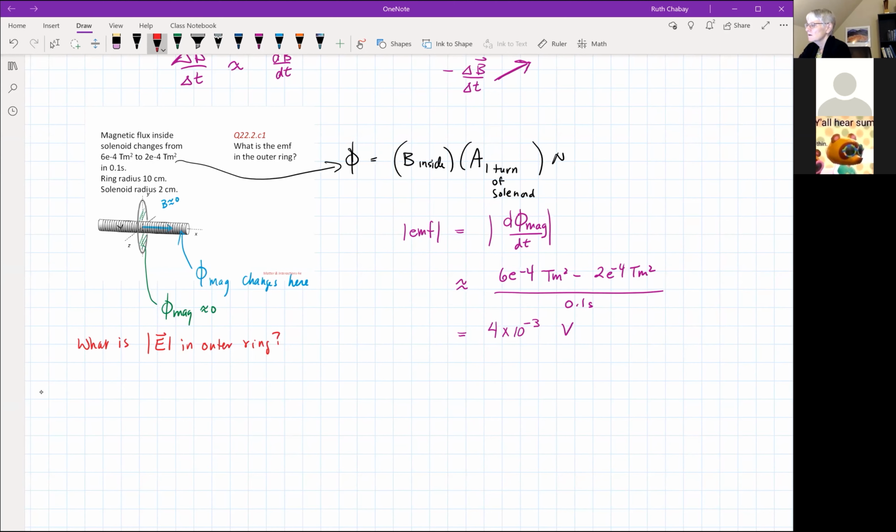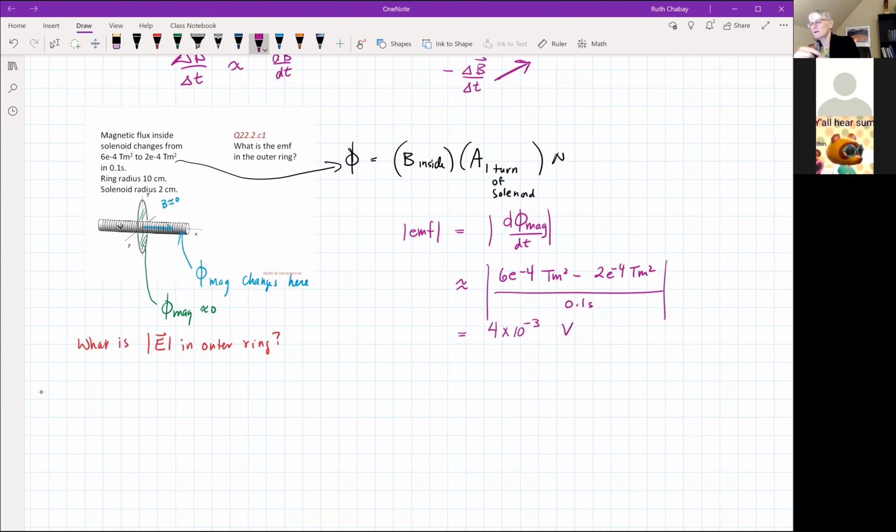Yes, this difference is indeed negative, but notice that we said we were going to take the absolute values up here. So let's do that. We want the absolute value of the EMF, and we would get the direction by using the right-hand rule.